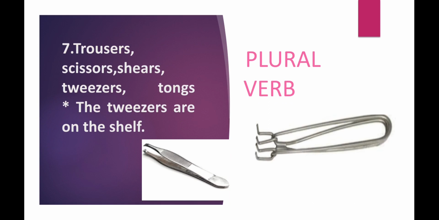Tweezers, we have two parts. Tongs, we have two parts. Scissors, they have two parts. So you have to keep this in mind. The verb should be plural. Example, the tweezers are on the shelf. Maybe we're just talking about one, but still since it has two parts, we will use the verb are on the shelf.